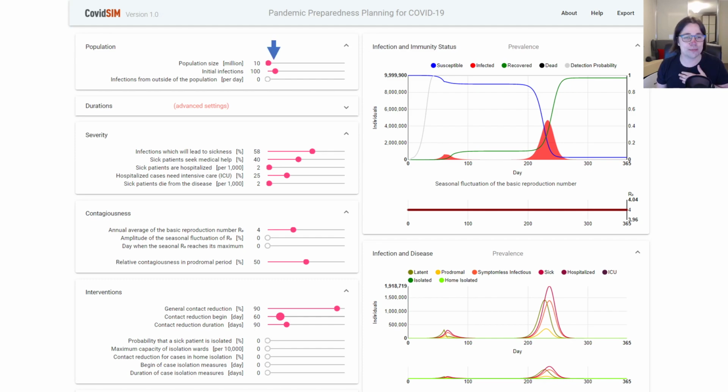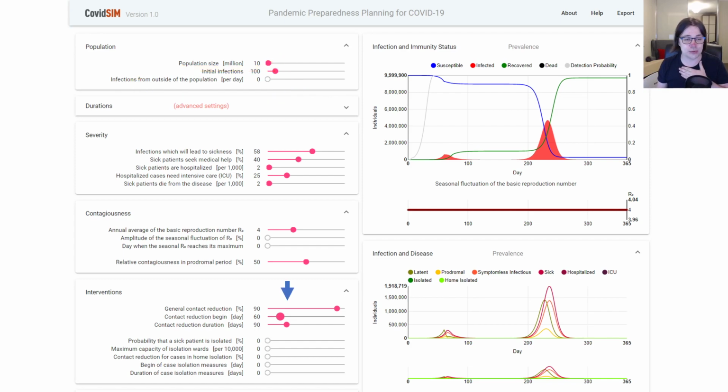We will set the population size to 10 million, just for example. The number of infected to 100, and the number of infections from outside of the population, this one here, set to 0, because we want to say that the borders are closed down. We've got complete shutdown of lots of workplaces, but no new infections coming in.